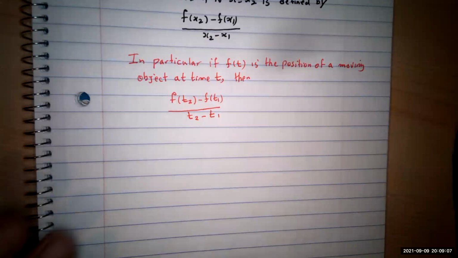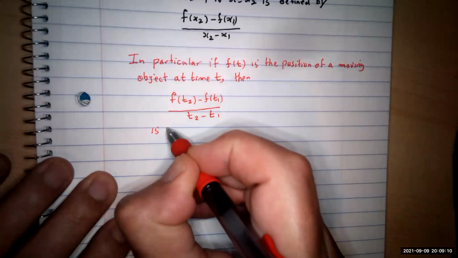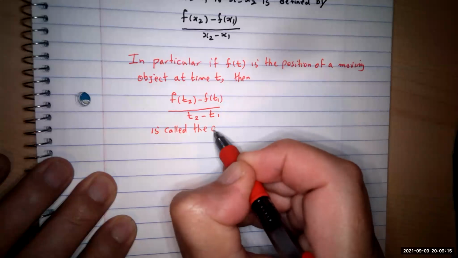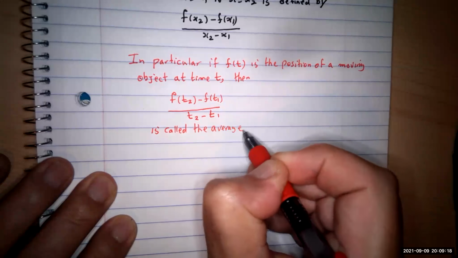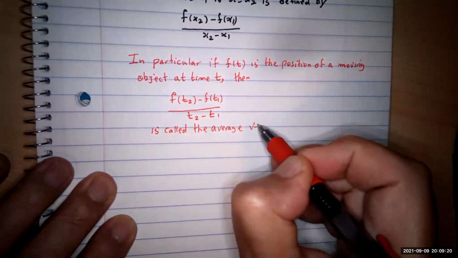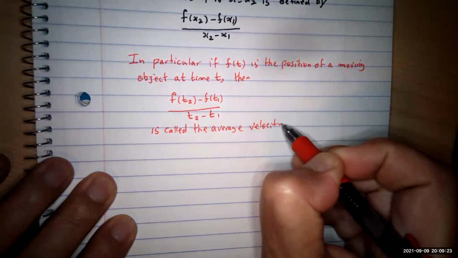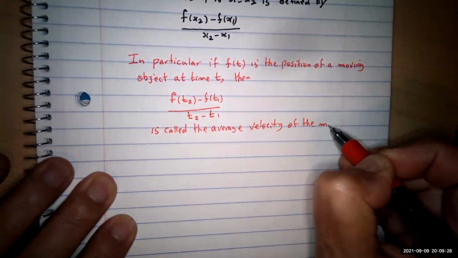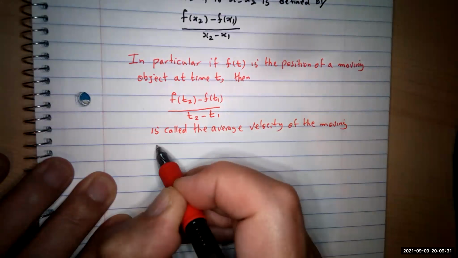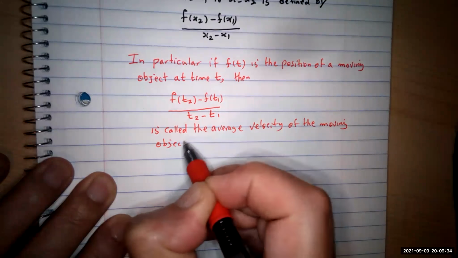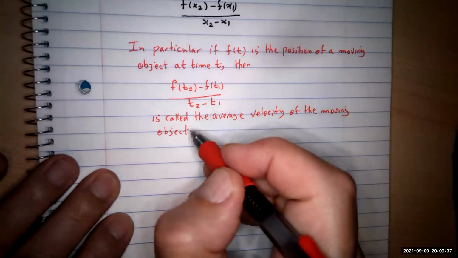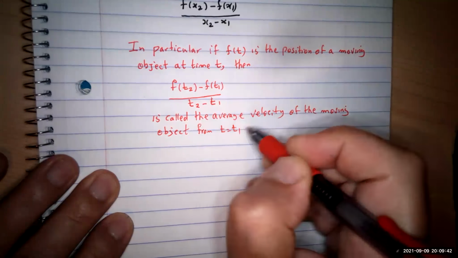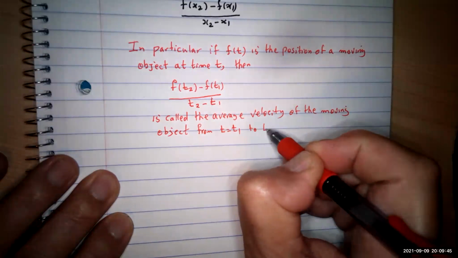So this is going to be called, in this case, the average velocity of the moving object from t equal to t1, for example, to t equal to t2.